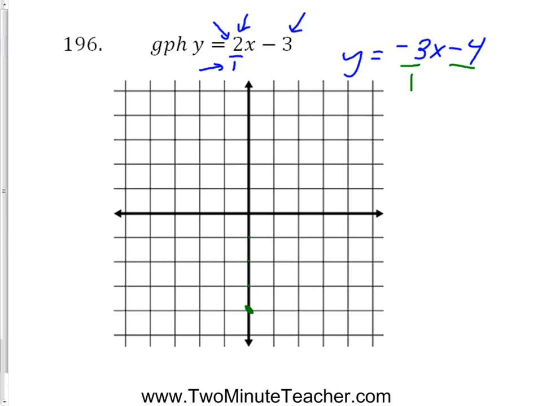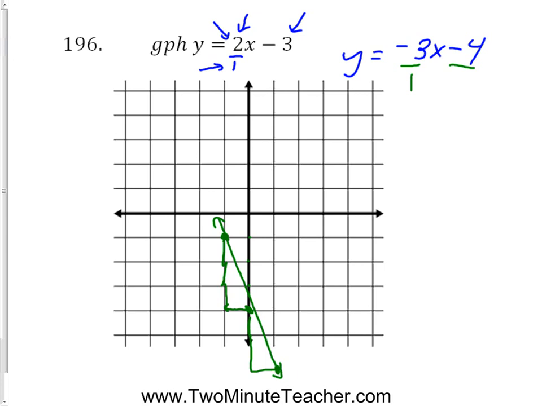Oh boy, it's going to go off my graph. 1, 2, 3, and then run 1. Okay. Or I can go back this way and go 1 over this way and then up 3. See how that works? All right. So that's just one extra little example. It kind of went off my graph, but it's going to be okay.